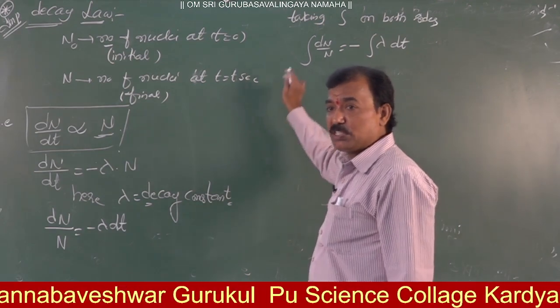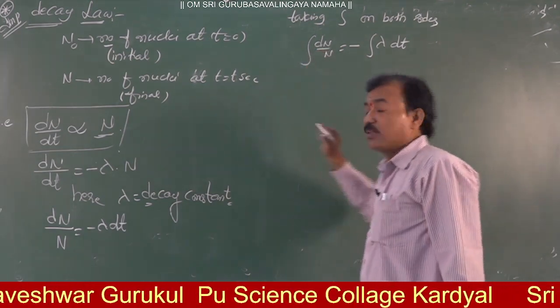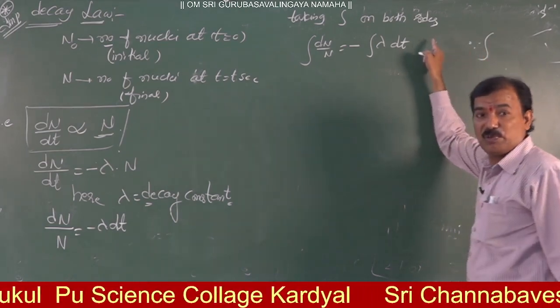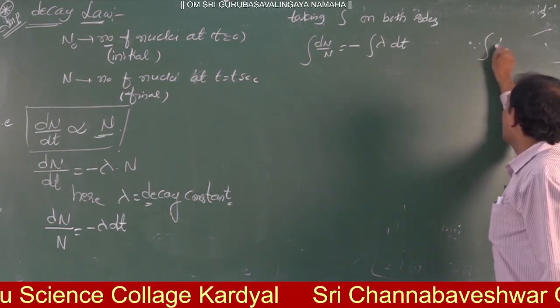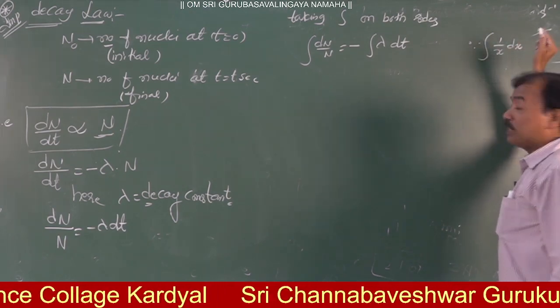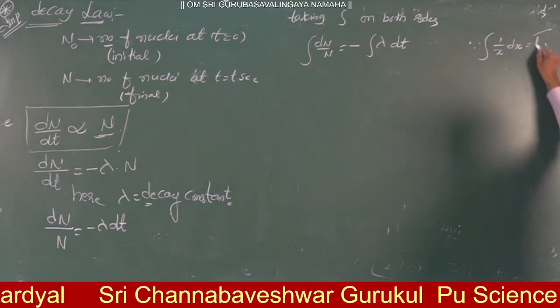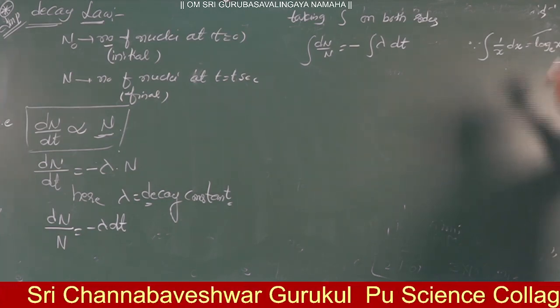The integration of x dx is x square by 2, but this is 1 by x dx. The integration of 1 by x dx is equal to log x.